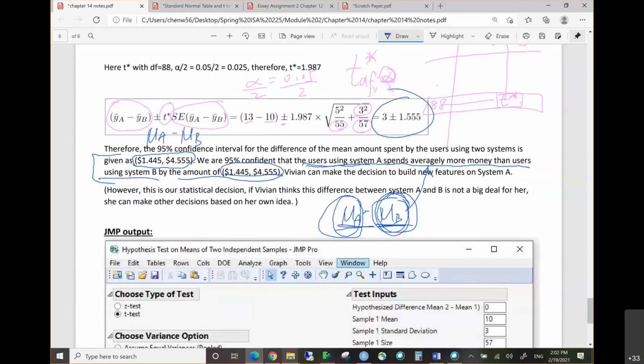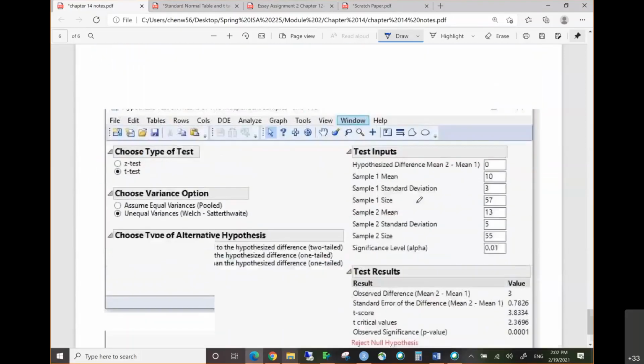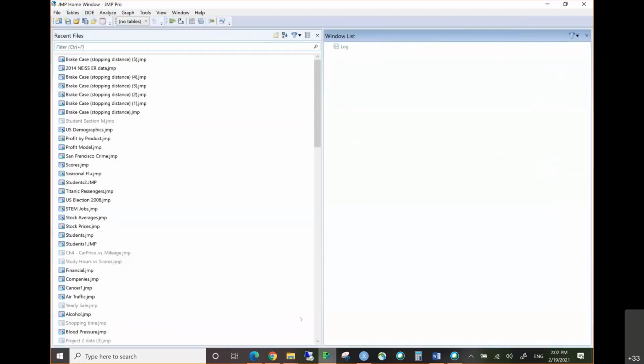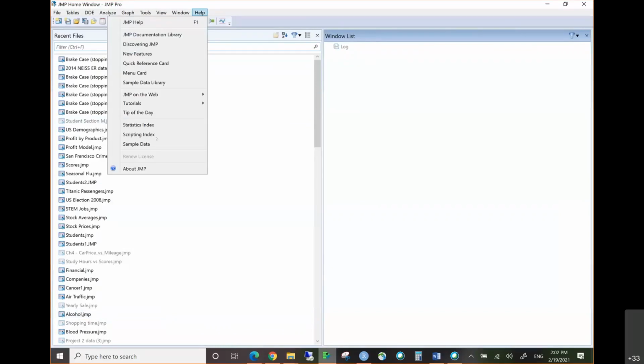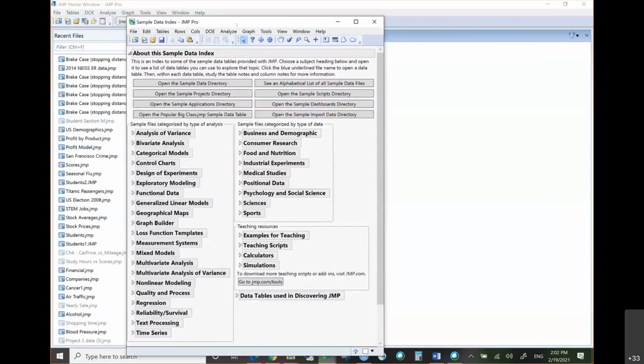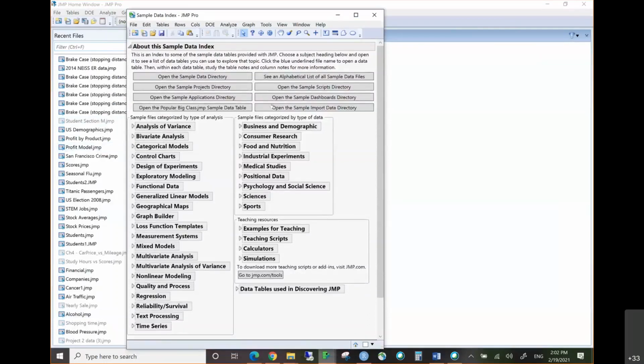All right, the last part of this chapter is again JMP practice. You should be very familiar with the steps for two-sample tests. We still go to Help, then Sample Data, and the screen shows up again, and then we go to the calculators.